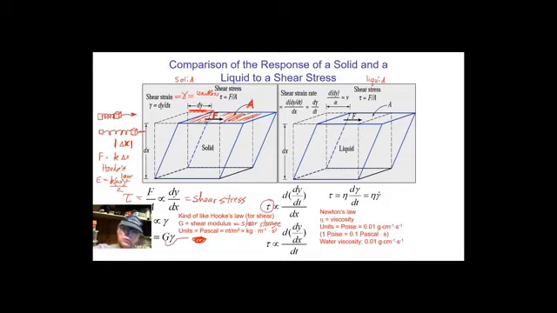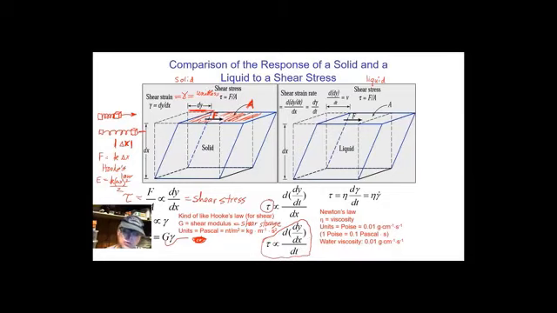To push it faster, you have to push with more force. Okay? So instead of tau being proportional to gamma, it is proportional to d gamma dt.